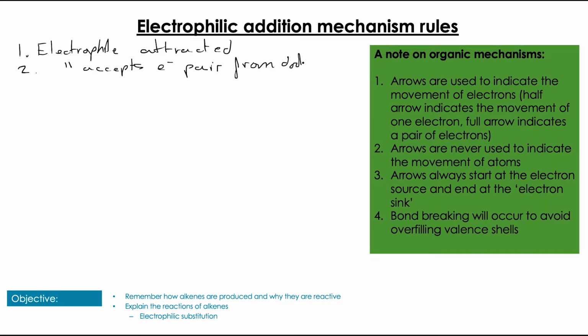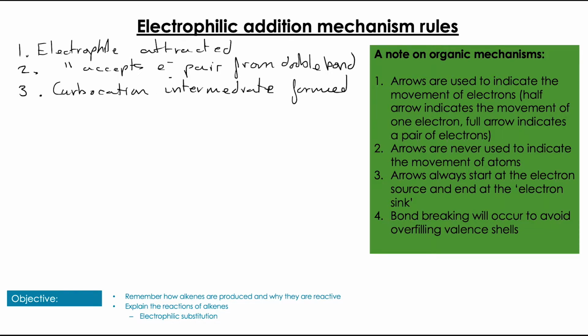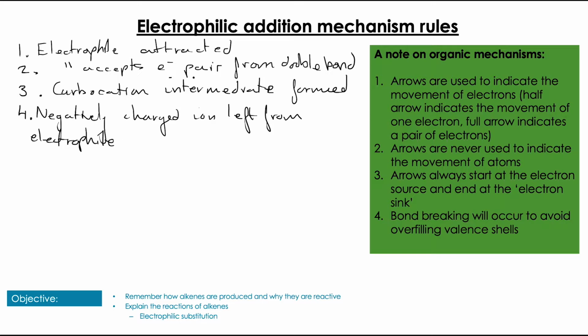First of all, the electrophile is attracted to the double bond. It then accepts an electron pair from the double bond, and when this happens, the carbocation intermediate is formed, and lastly, the negatively charged ion that's left from the electrophile reacts with the carbocation to form our final product.